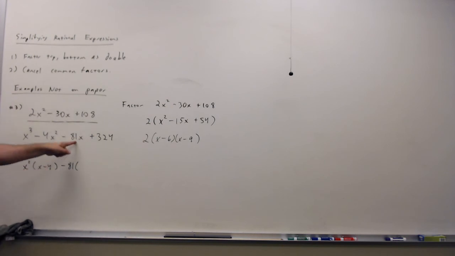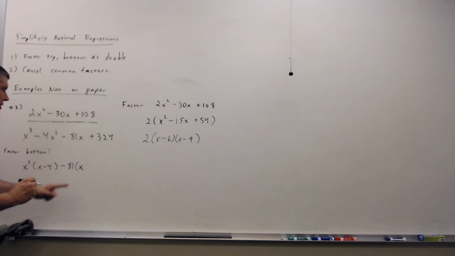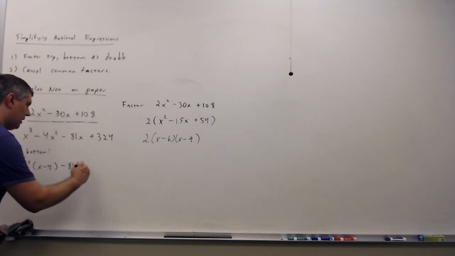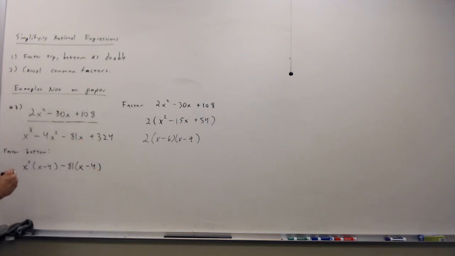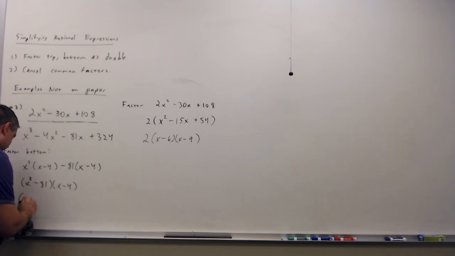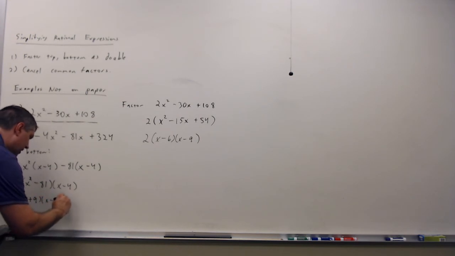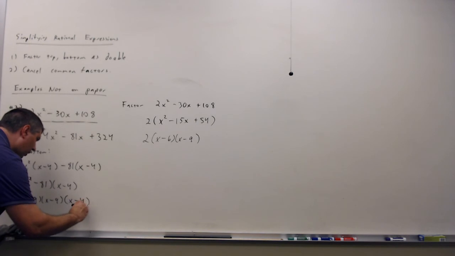Negative 81x divided by negative 81 is positive x. 324 divided by negative 81 is negative 4. So that gives me x squared minus 81 times x minus 4. But that factors further as x plus 9, x minus 9. And I'll have that times x minus 4.